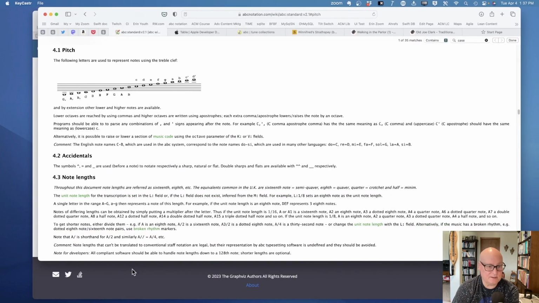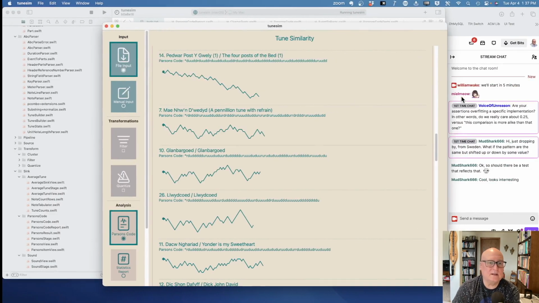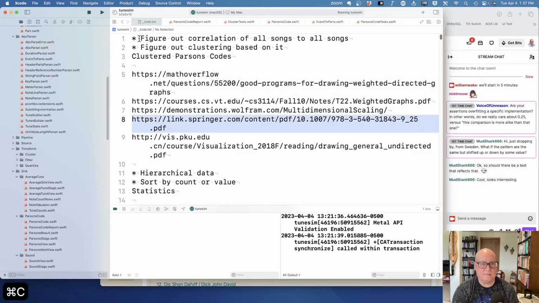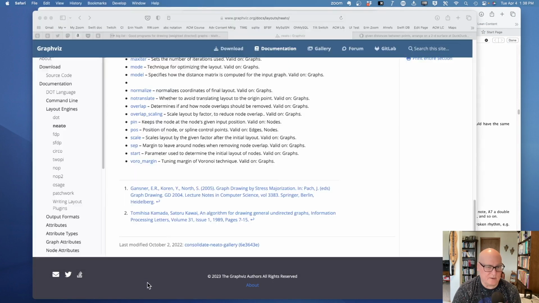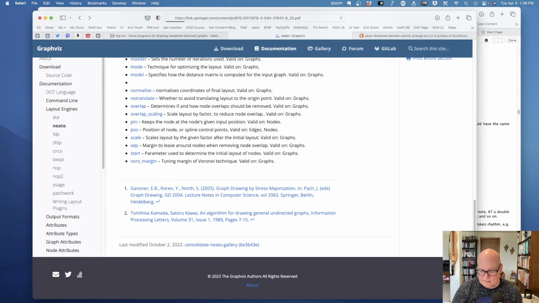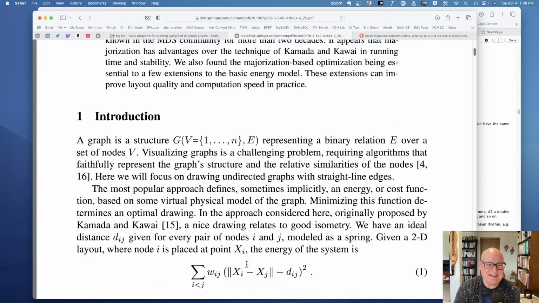Let's see, oh, here we go. Yeah, so these papers, graph drawing by stress majorization, I know I got a link for that. I think that's this one. We'll look at that one for a minute. When I say research, man, it's like, bring out your math hat and all that stuff.